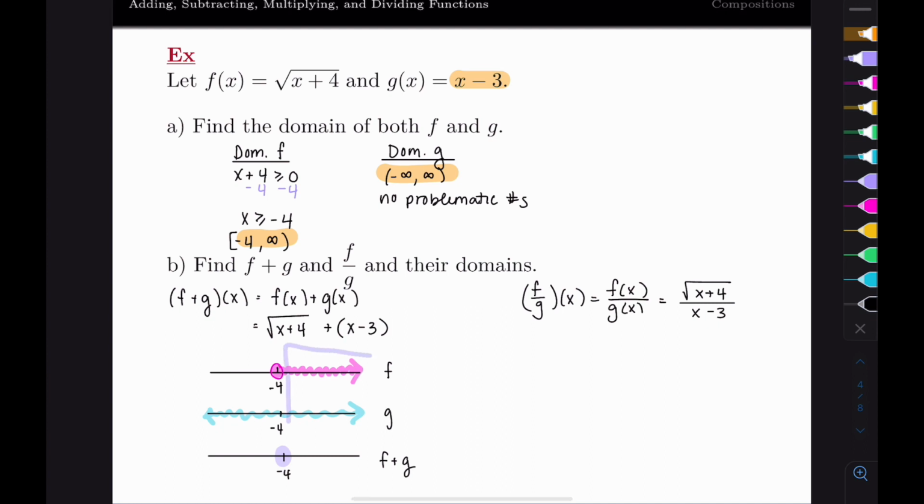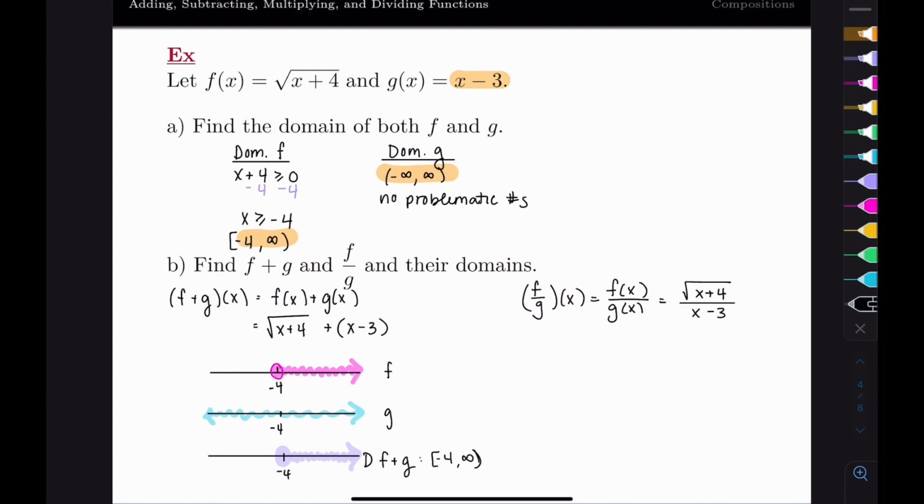On both of these, I can shade to the right of -4. So in my combined function, I can shade to the right. However, to the left, I can't plug in these values for the top function. So in this combination, I cannot shade to the left. So the domain of f plus g is going to be from -4 to +infinity.